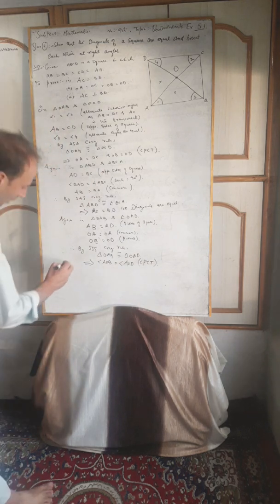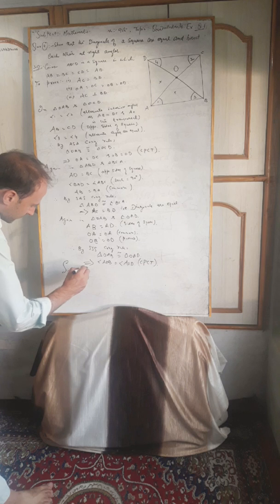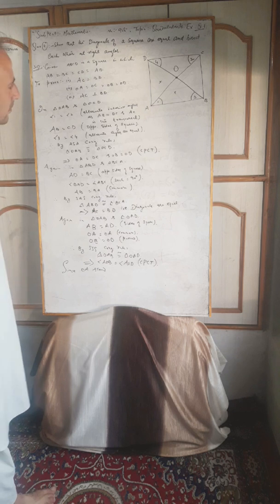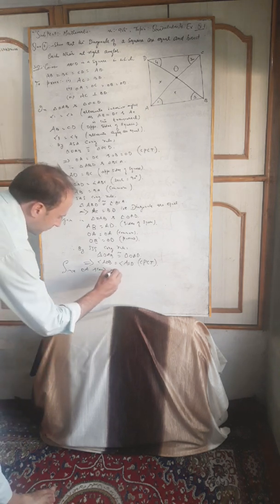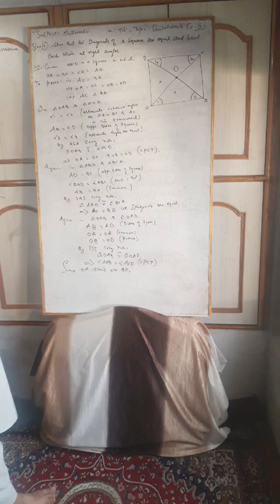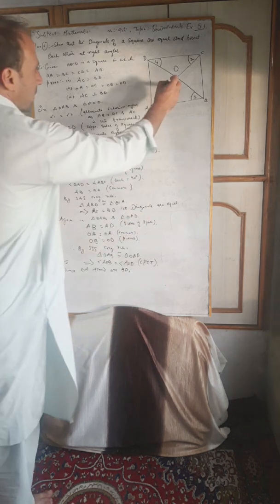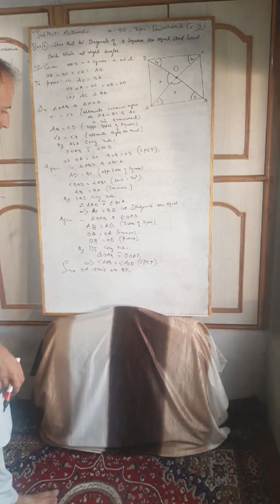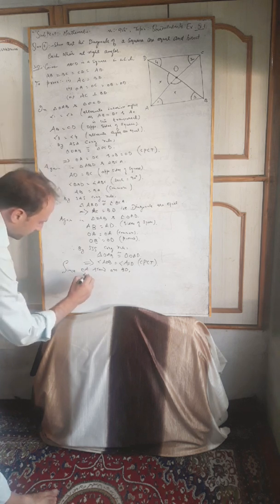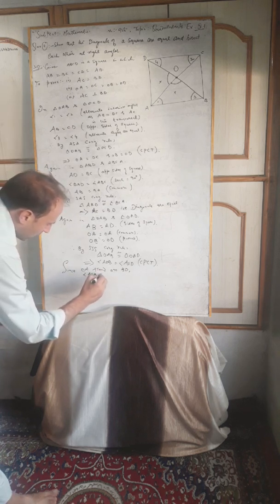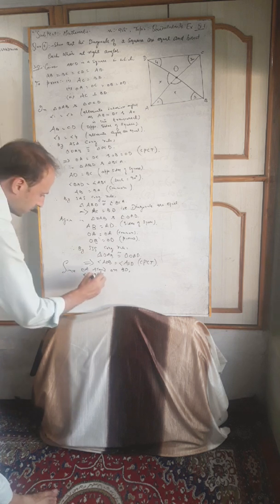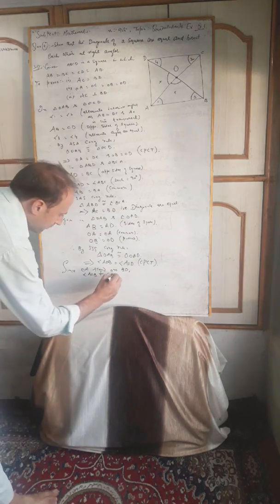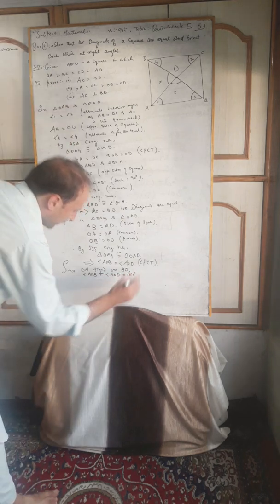Since the line segment OA stands on BD, the sum of the two adjacent angles so formed, that is this angle plus this angle, is equal to 180 degrees. That means angle AOB plus angle AOD is equal to 180 degrees.